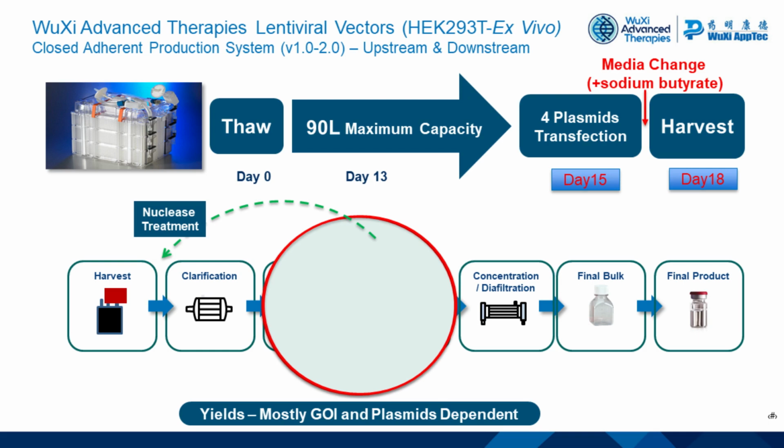On day 18, we begin our downstream process with harvest, followed by nuclease treatment, followed by clarification. Then we proceed to concentration and buffer exchange by ultrafiltration and diafiltration, which is followed by vial fill. All the downstream unit operations will be performed on the same day, as this improves the stability of the lentivirus.